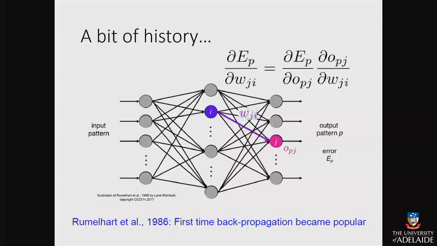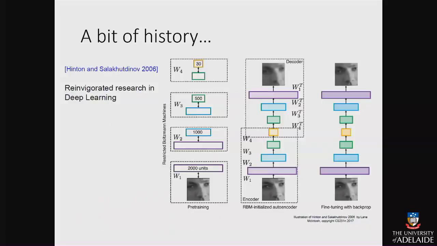Nowadays we are still using backpropagation to calculate the gradients in our neural networks. This is a very important technique for deep learning. Actually, without backpropagation, there would be no success of deep learning.